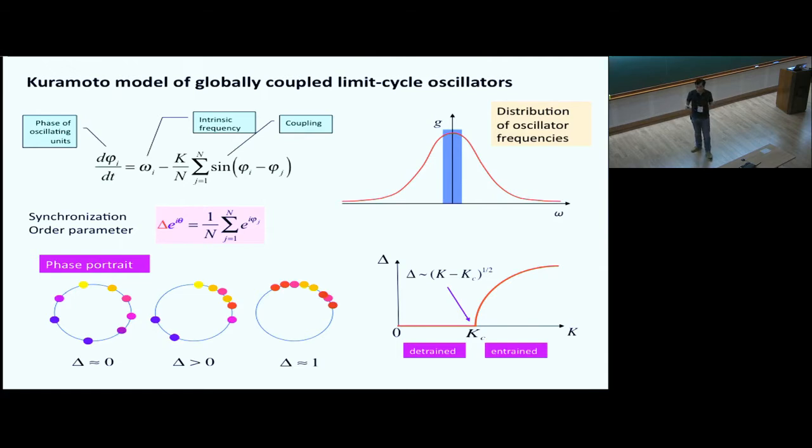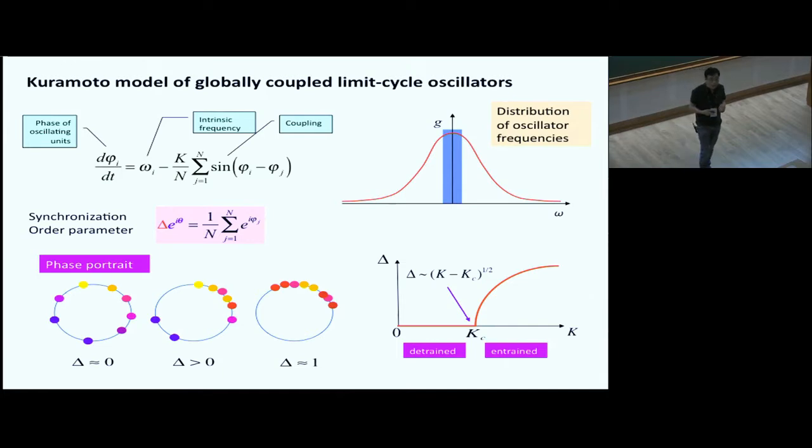Now if each of these oscillators goes with its own frequency, then for the group as a whole, if you look at something like the order parameter, which is the average of the phase factor from individual cells, you're not going to see much of a signal if the phases of these individual units are spread more or less uniformly on the unit circle. But when the coupling becomes sufficiently strong, there's a well-known phase transition in this system.